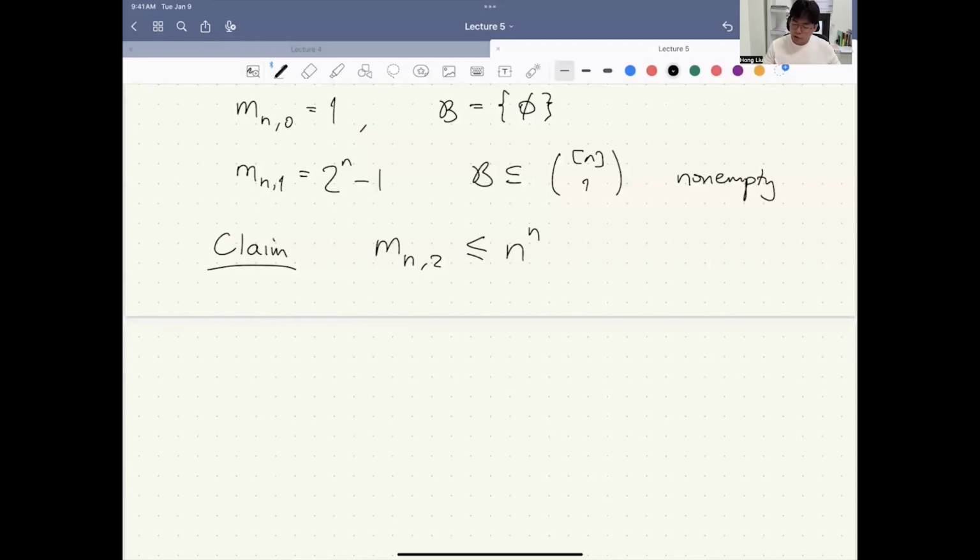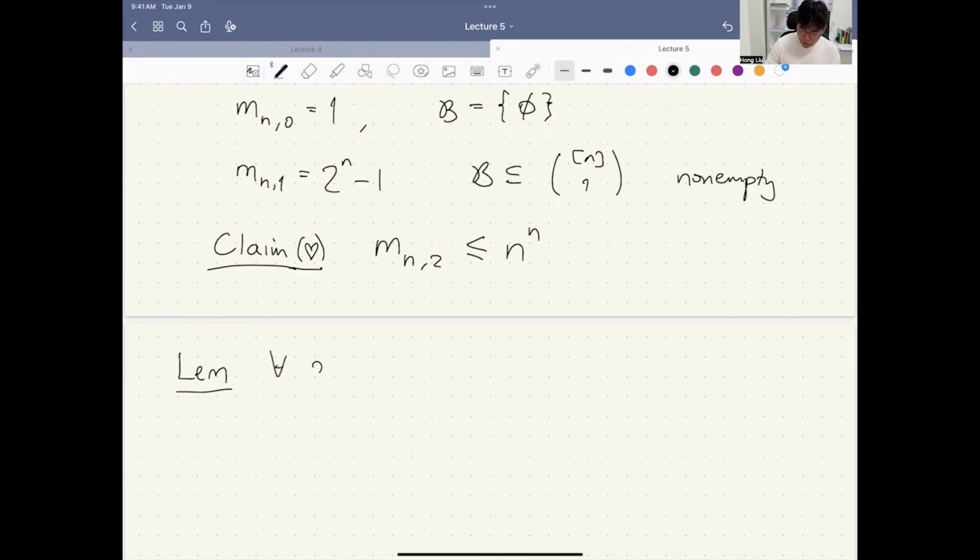Let me first assume this claim, and then finish the proof, okay? If we assume this claim on the number of rank 2 matroids, the key lemma is the following. We're going to upper bound the number of higher rank matroids by Mn2.